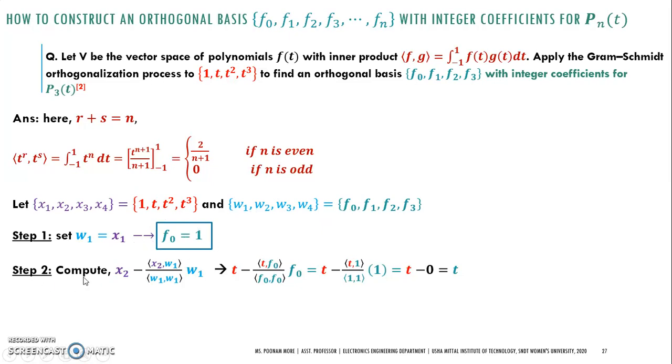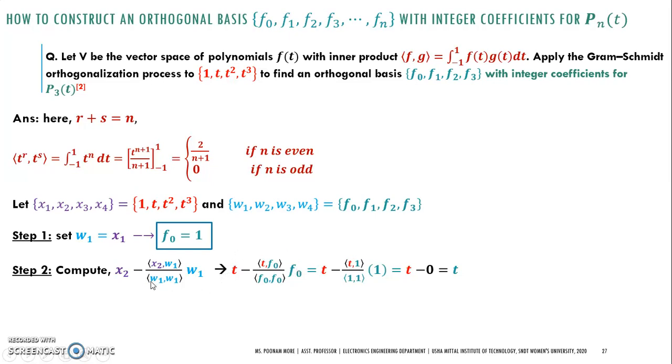Similarly, in step 2, we compute this factor as per the Gram-Schmidt process, and by substituting the values of these terms, that is x2 and w1, we get this factor equal to t, as x2 over here is equal to t, and the value of w1 is x1, that is nothing but 1, and that in terms of f is f0.